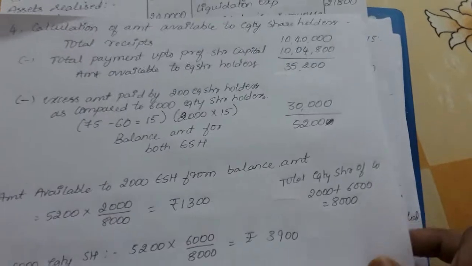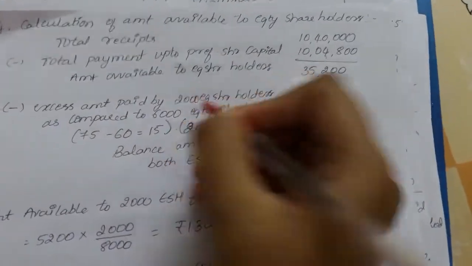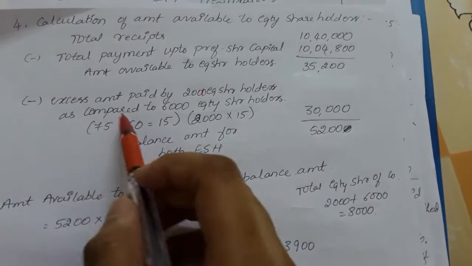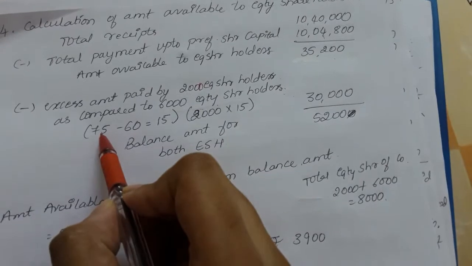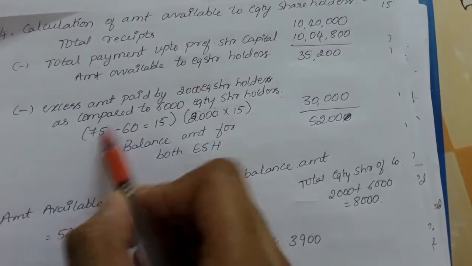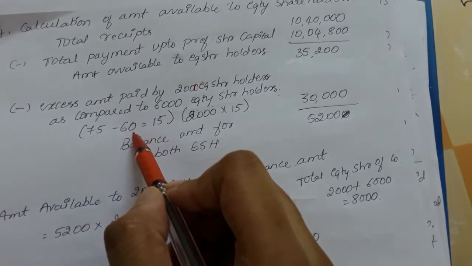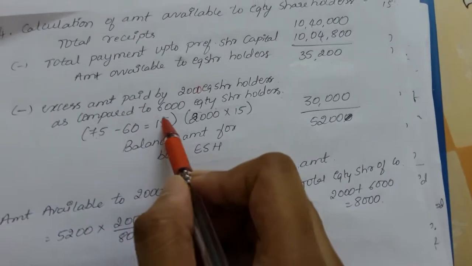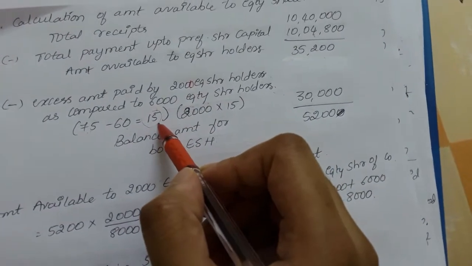So we are supposed to refund the excess amount paid by the 2,000 equity shares compared to the 6,000 equity shareholders. 75 rupees is paid by the 2,000 shareholders and 60 rupees by the 6,000 shareholders, so the 2,000 shareholders have paid 15 rupees extra.